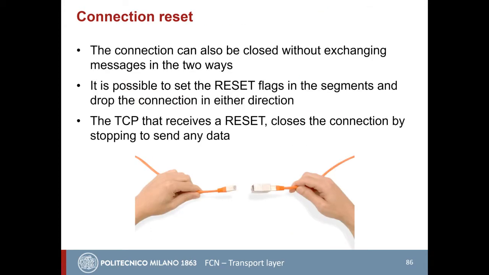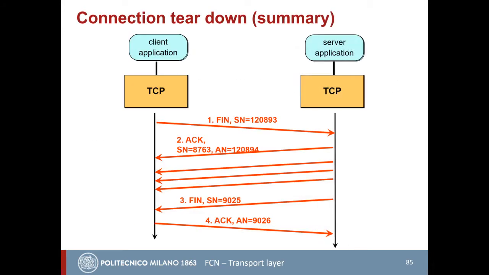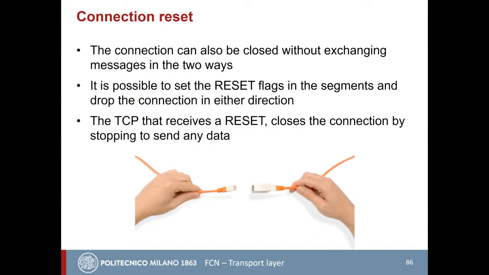This is the nice way to close the connection, used when the behavior of the system is normal. There is also another way of closing connections that is called the connection reset. Again, it is done by using a flag.